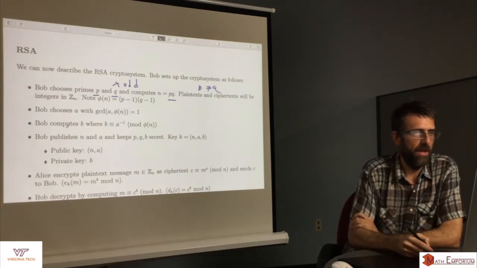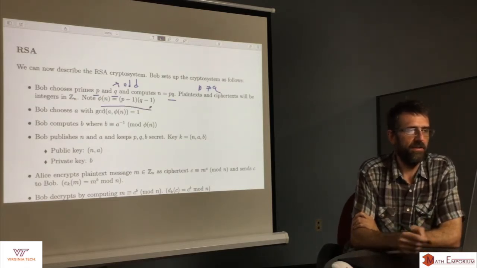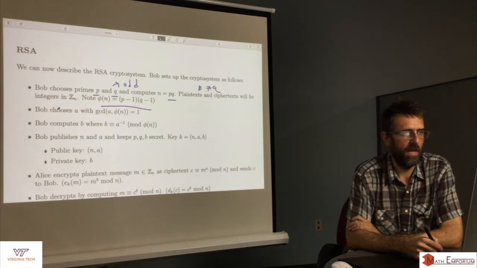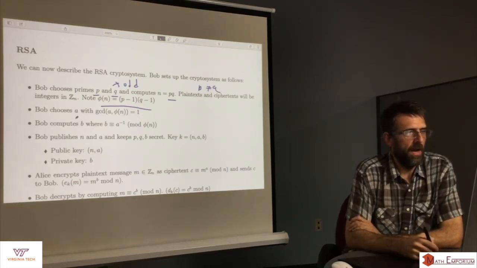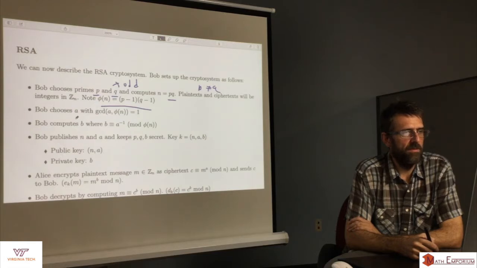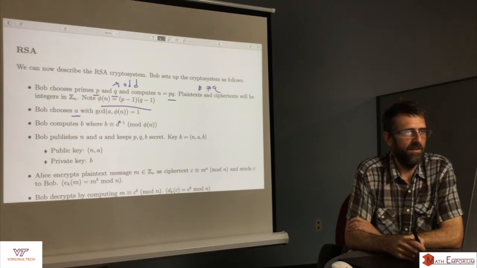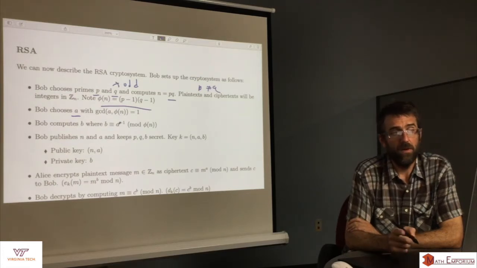So again, note that phi of n here is going to be P minus 1 times Q minus 1. Then Bob is going to choose some A that is going to be invertible, but invertible mod phi of n.